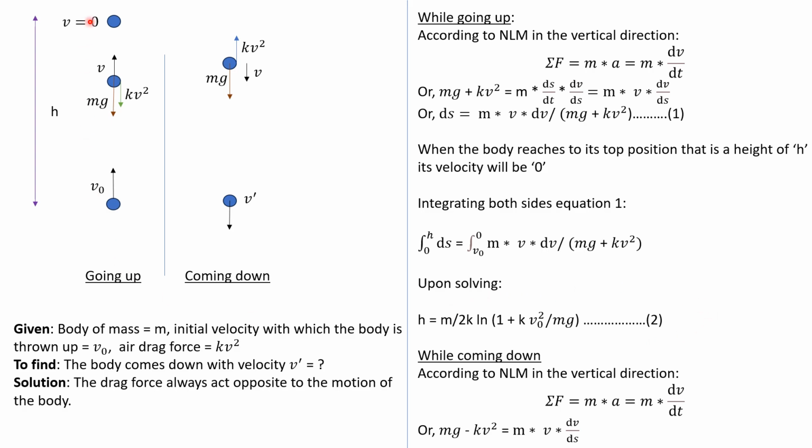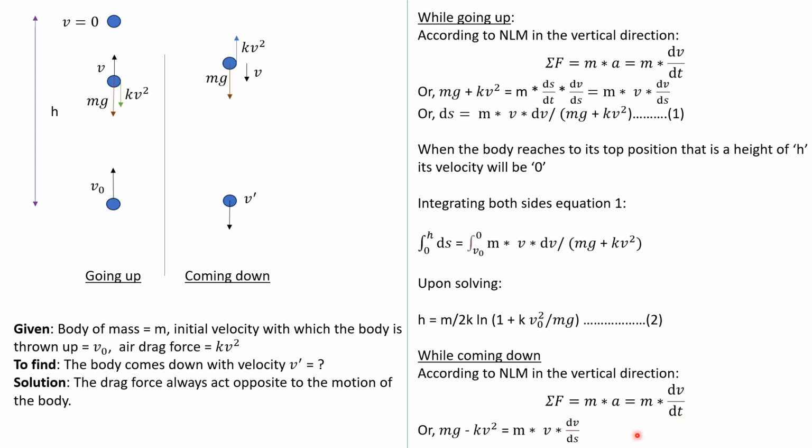So now we have h in our hand. Now we will study the motion while the body falls down, and ultimately we are to find v dash at the same position, while coming down, from where the body was thrown up. So we will write Newton's law of motion again: summation of all the forces equals mass into acceleration.